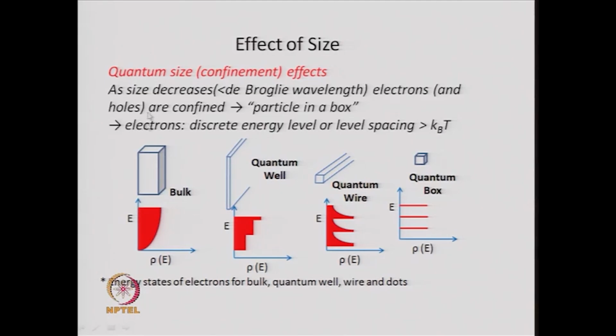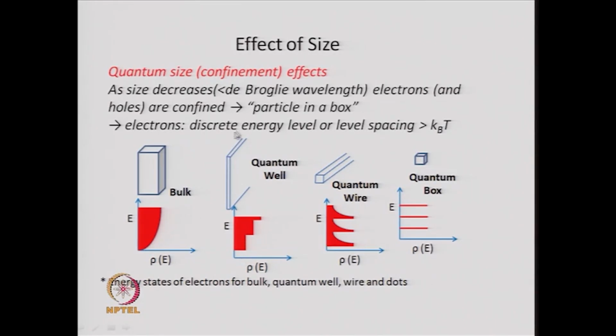Now, when the size decreases, we are talking of confinement or quantum size effects. When the size decreases from bulk, you have made what we are calling a quantum well, because the properties of the electrons and their energy levels are going to be affected. So, how are they going to be affected? The shape of this curve now has this step-like feature.